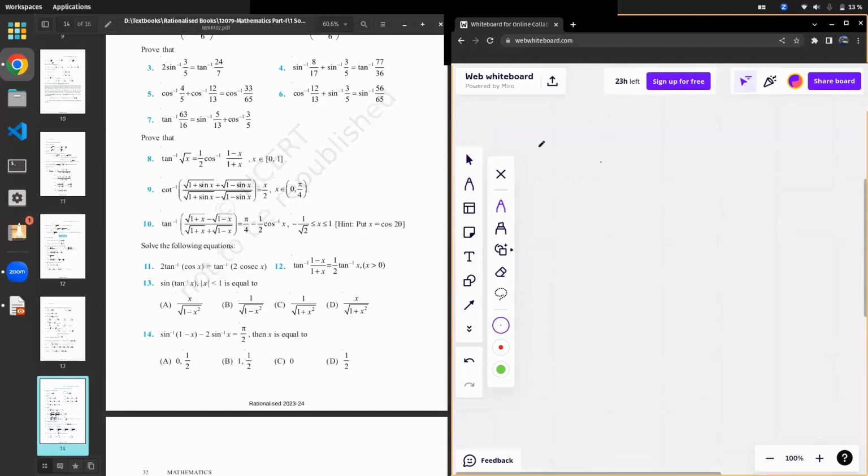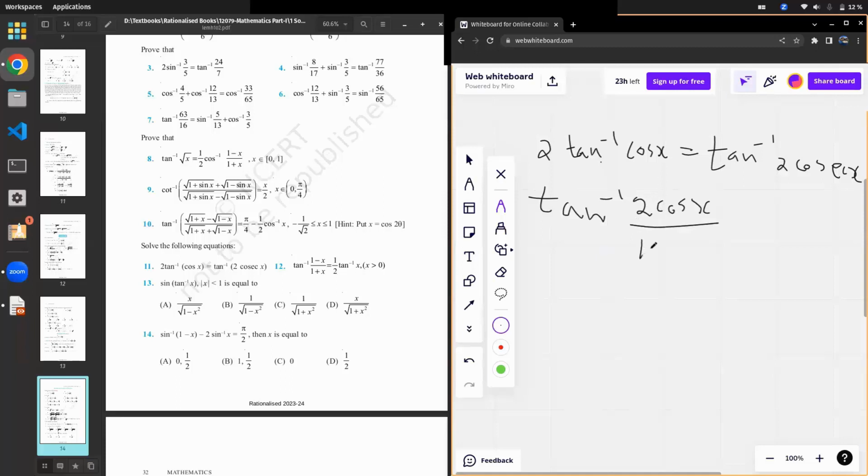For the 11th question, the equation is 2 tan inverse of cos x is equal to tan inverse of 2 cosecant x. Since it is the format of 2 tan inverse of x, you can write this as tan inverse of 2x divided by 1 minus x square, that is tan inverse of 2 into cos x divided by 1 minus cos square x.